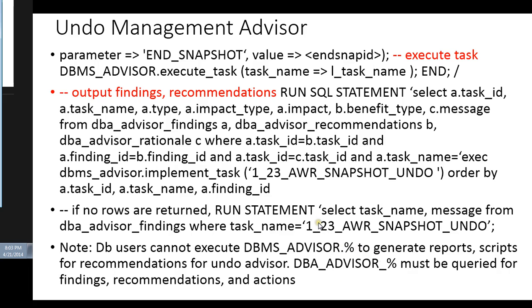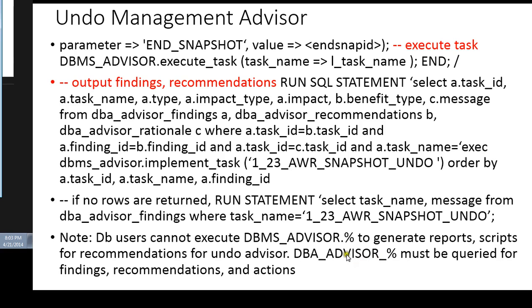Basically everything has to be done through the DBA_ADVISOR views, and then you have different extensions. The list is in the next slide. This is why I have the note here: it must be queried to find the recommendation, to query the findings, recommendations, and actions.